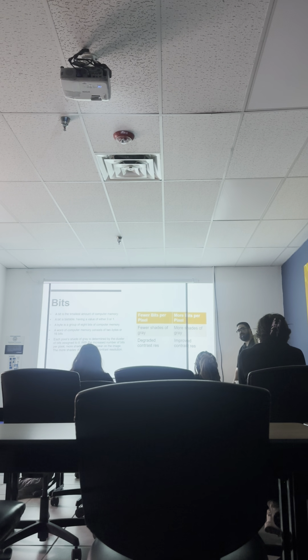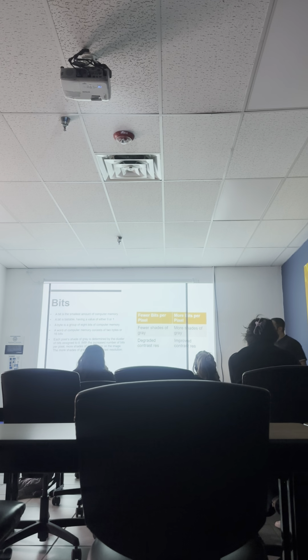Does everybody understand that? And bits are directly related to pixels, because it's a one-to-one ratio, right? No. A pixel can have a lot of bits or a few bits. They're not directly related. Did you get lost, Victor?